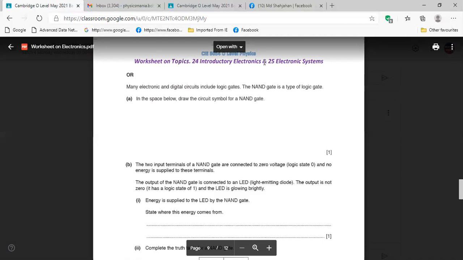However, we are getting the LED working. Why is it working? Because inside the NAND gate we have some power supply or battery, right? Yes, sir. Okay, from there the energy comes. So write it there in your answer line.